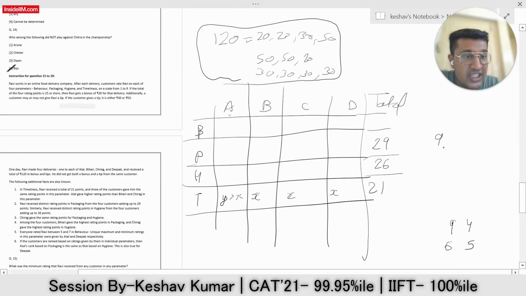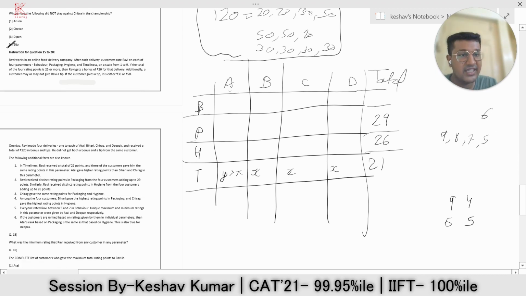The 4 highest distinct integers on the scale of 1 to 9 are 9, 8, 7, and 6, and the sum is 9 plus 8 is 17, plus 7 is 24, plus 6 is 30. So the way to make 29 is 9, 8, 7 and 5.